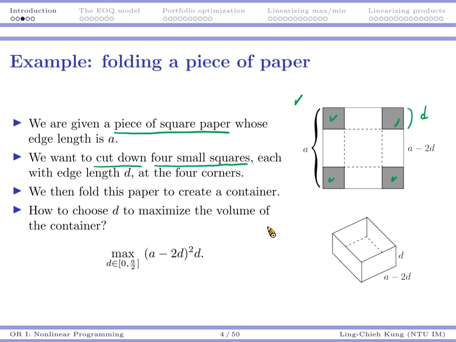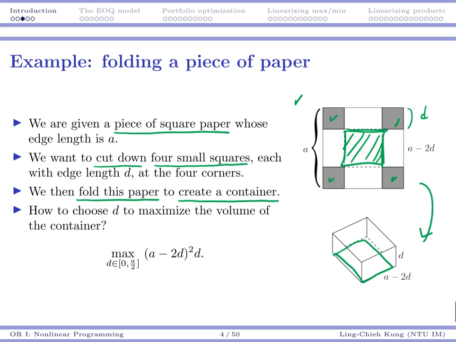And once I do that, I'm going to fold this paper to create a container in this way. Okay? So you may see that for this particular square, that gives us the base for this particular container. And then the height of this particular container would be this small d. Alright? So this would be how I may get a container by folding my paper.